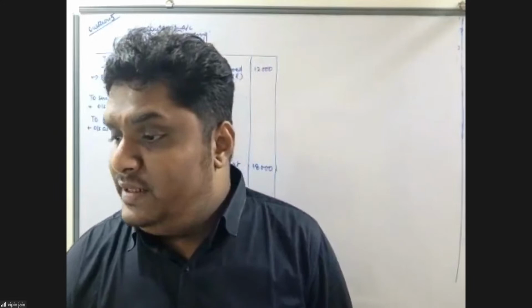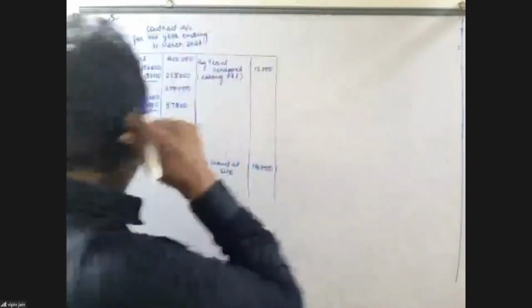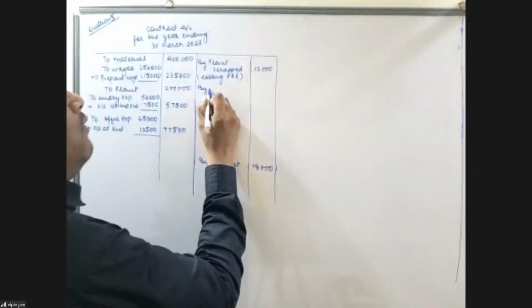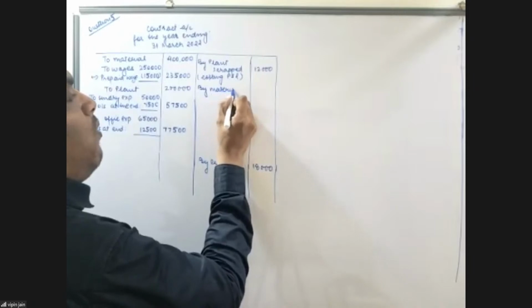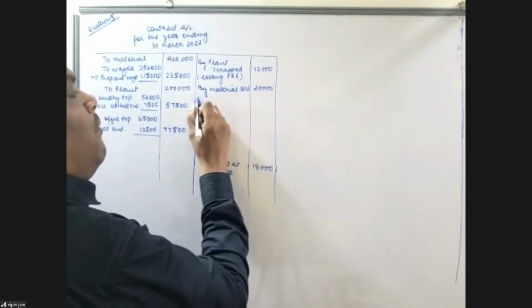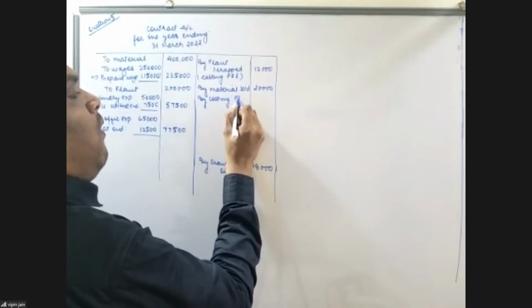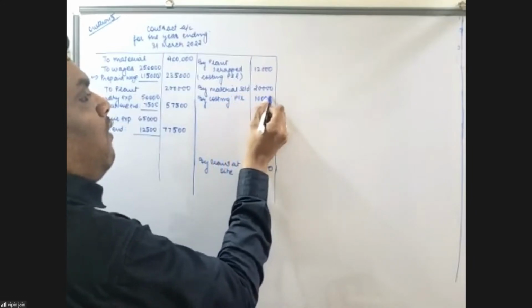Further, for 22-23, this information is not useful for 21-22. A part of material costing rupees 30,000 was scrapped and sold for 20,000. To buy material sold, by costing P&L. Further, the value of material at site is 17,000.